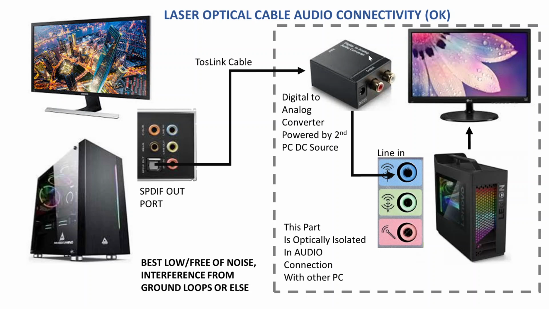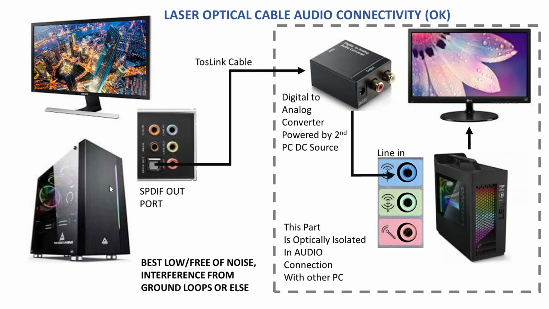So the ground will be only in this dotted line. We mainly isolated between this one and this one optically. So there's no physical cable or ground connection except from the power itself, but the audio signal itself doesn't carry any ground. So basically, you send it really clean through optical cables, isolating the ground loop issues.